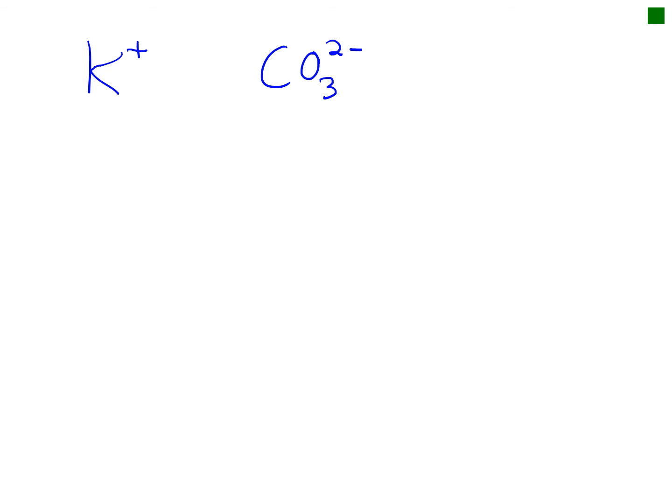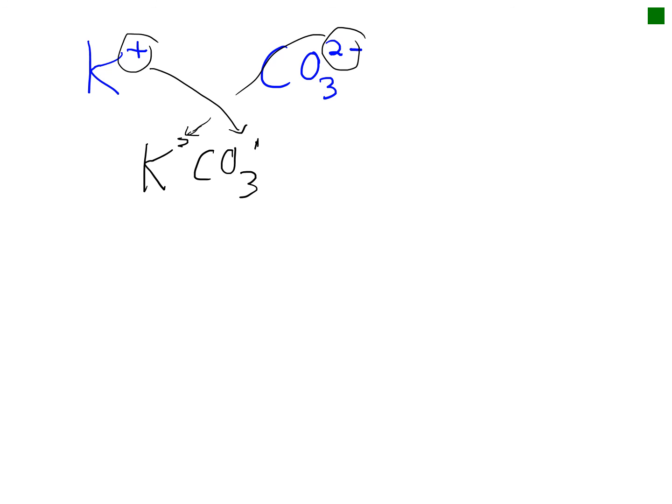Similar to our method that we learned before, we can first write your K and your CO3, and then taking your number, over here we're going to have 1 up above the CO3, and then taking this number, drawing it down, you're going to have a 2 up above the K. So if we do our drop method, K, we drop down that 2, and then CO3, we drop down the 1.